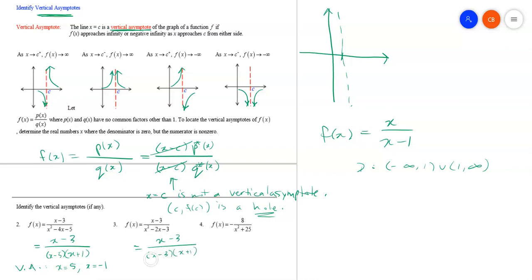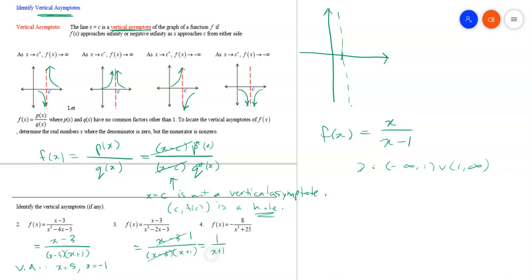And notice here we have x minus 3 on top and bottom, so we can cancel this one. If you cancel the whole side of a fraction, it's a good idea to replace it with 1 there. And so this actually becomes the function 1 over x plus 1. And so x equals 3 will not be a vertical asymptote. There would be a hole there whenever x is 3 and at the associated y value.